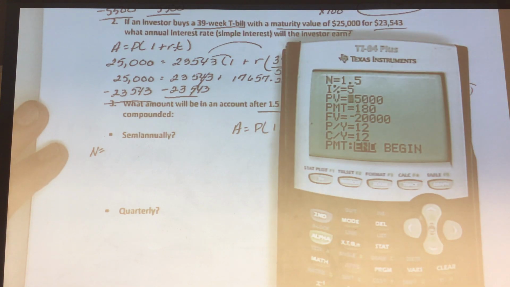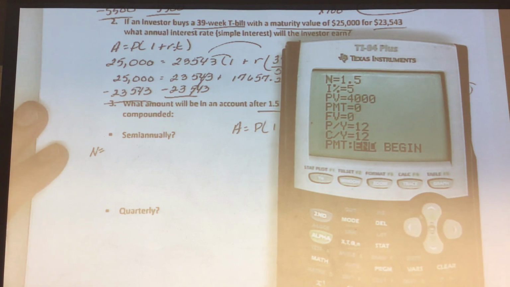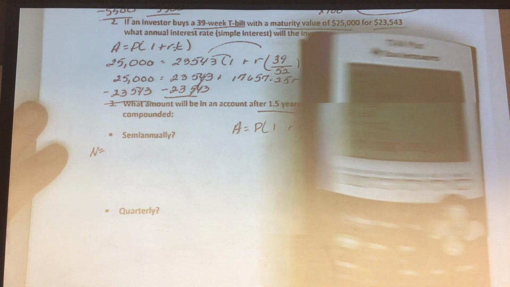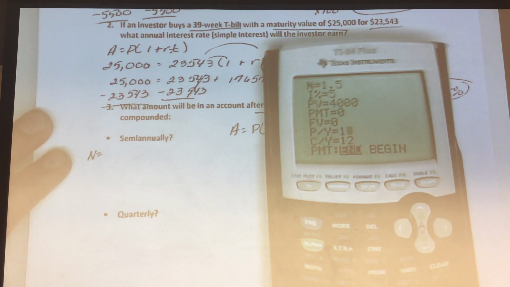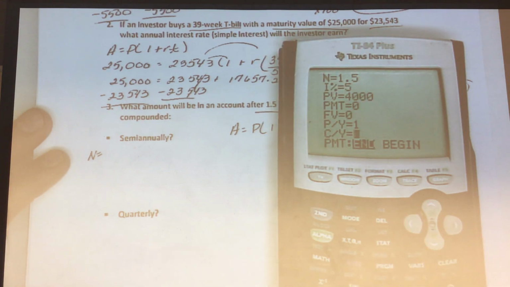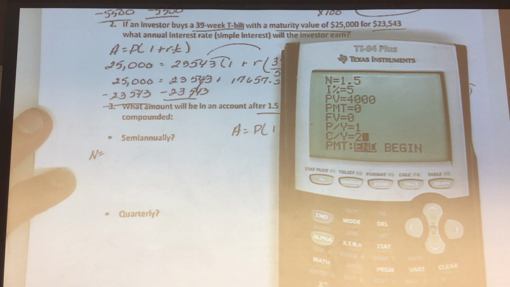PV is the present value, and that's 4,000. There are no payments. Future value is what you're trying to solve. PY is paying periods per year, and you only have one paying period per year. And C/Y is your compounded periods per year, and compounded semi-annually is equal to 2.